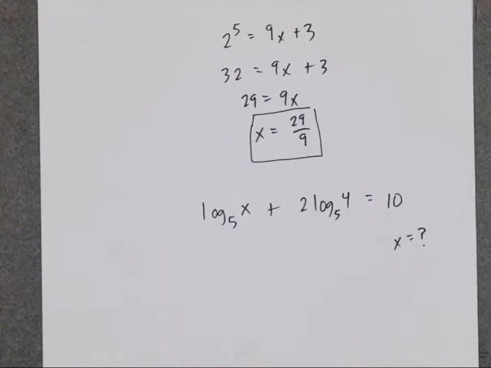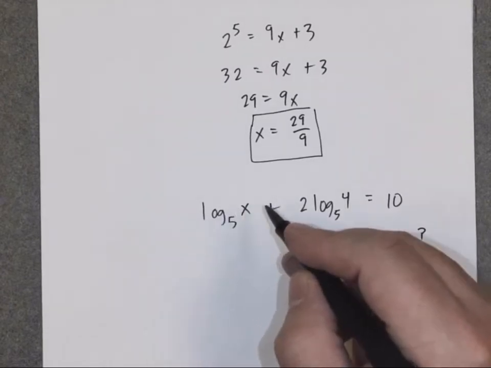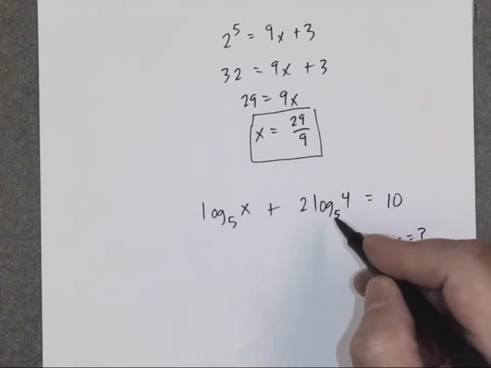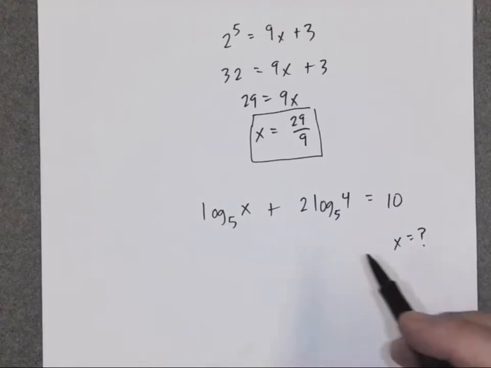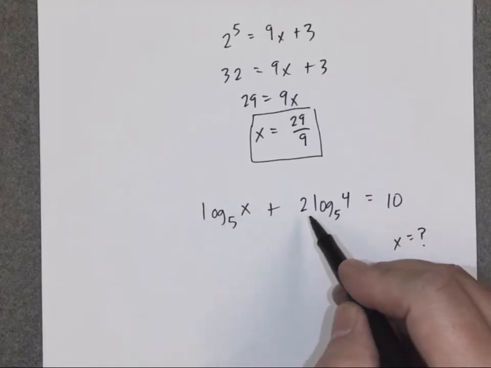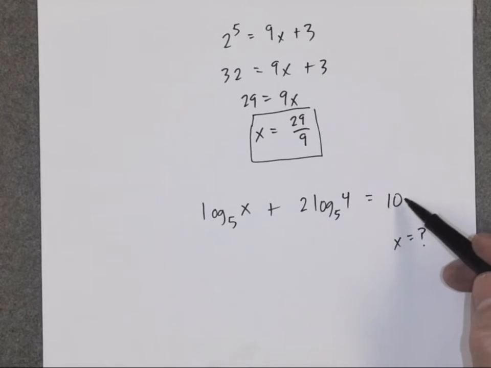Whenever we have an equation with multiple log terms, this is a log term plus this is a log term. Remember, terms are things you either add or subtract. So I've got 2 log terms, and over here I have this third term, it's just a number.